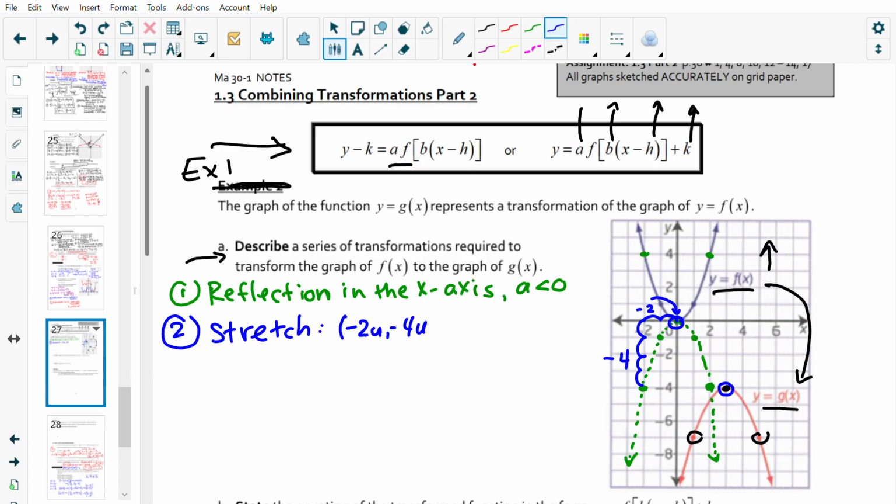This isn't the actual coordinate values, this is just movement in the negative or positive direction. So I have -2 units to the left, -4 units down. I'm thinking in relative terms here. Somehow that movement corresponds to this movement. So start on this vertex. I know this is a common reference point that I could start at to see what my stretch might be. If I start here, let's go -2 units.